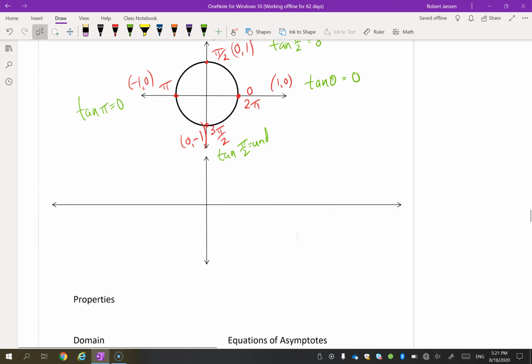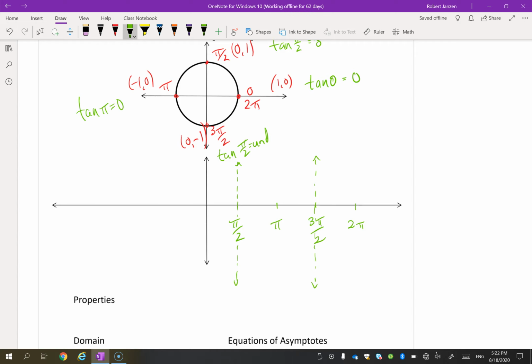So how do we graph undefined? Well, we've seen that before. Undefined turns out to be a vertical asymptote. So there will be a vertical asymptote at pi by 2, at 3 pi by 2, and in fact there will be one every pi by 2.